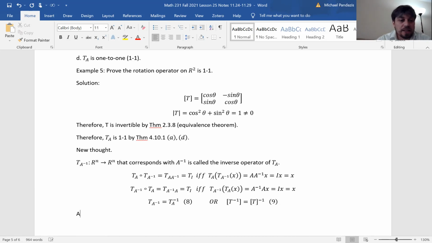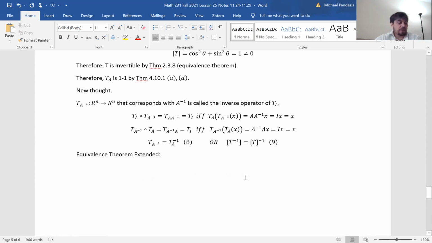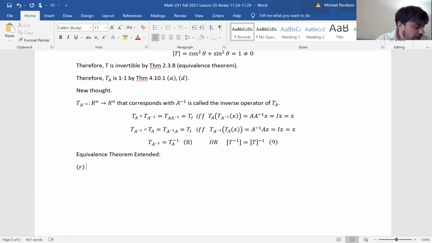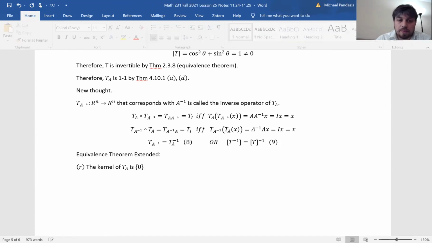So adding, this is now the equivalence theorem extended. We had parts A, B, C, D, E, F, G, H, I, J, K, L, M, N, O, P, Q. And so part R is that the kernel of T sub A is the singleton set 0.